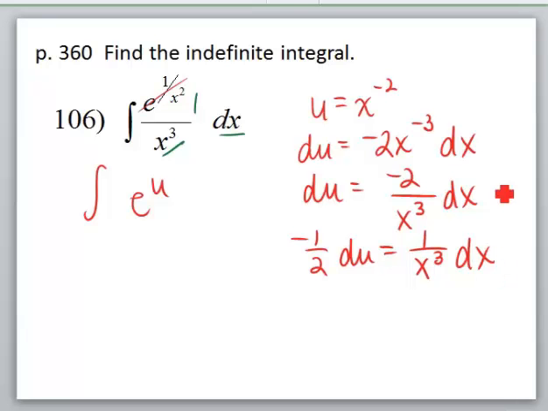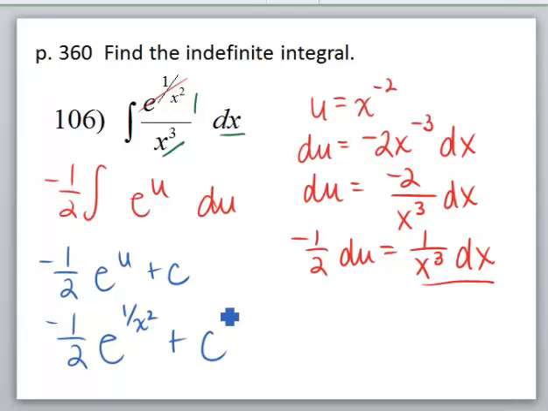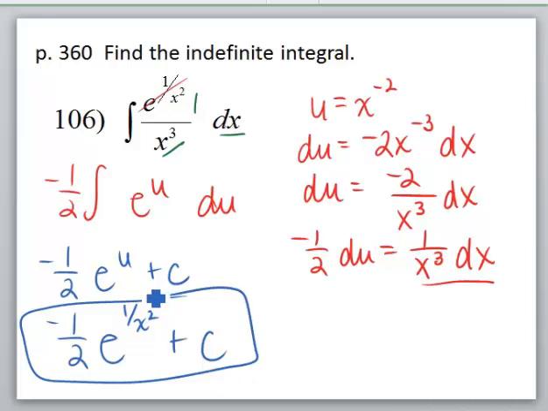And now I can replace my 1 over x cubed dx, this portion, with a negative 1/2 du. Taking the integral, I get negative 1/2 e to the u plus c, and then I'll substitute my u value back in, which was 1 over x squared. And I'm finished.